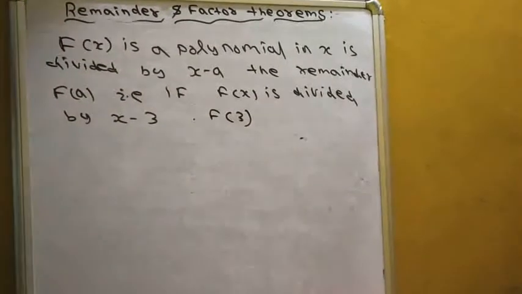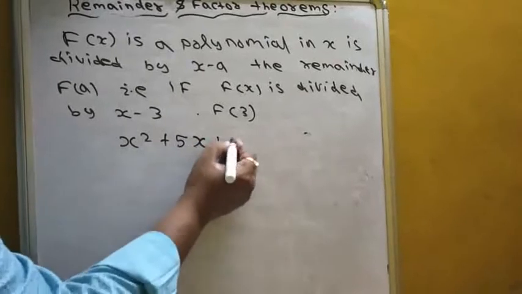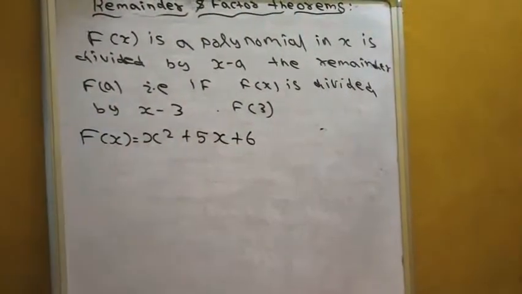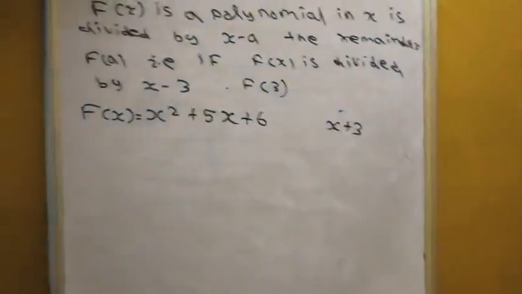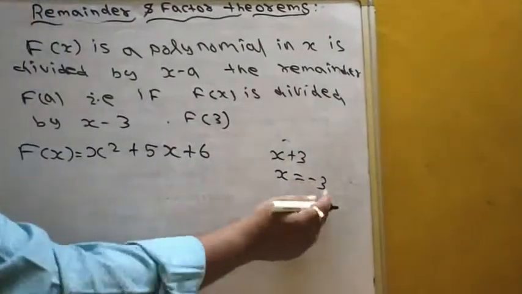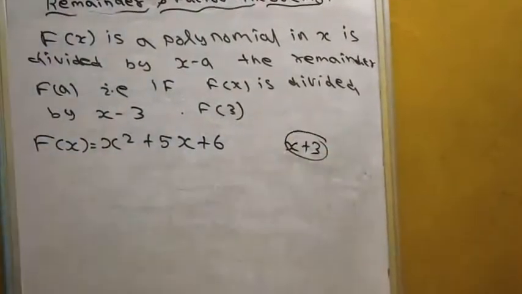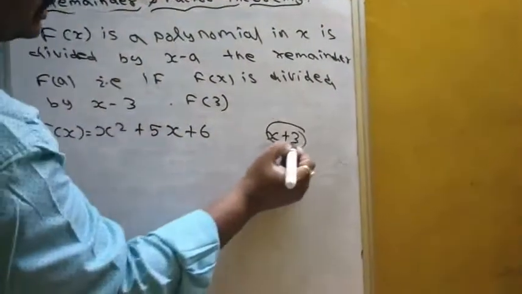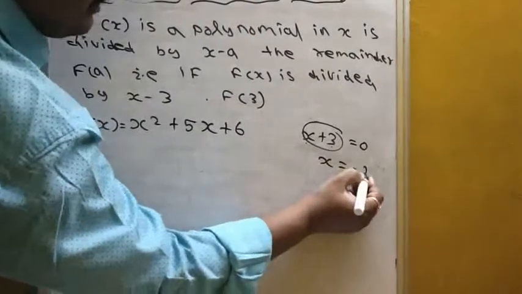What's the process? Look, I have written here an example, x square plus 5x plus 6. You say f of x equals this one. You want to divide by x plus 3. Okay, so what you have to do? You write x equals how much? Minus 3. You have to put this value. So you write x plus 3 equals 0, x equals minus 3.